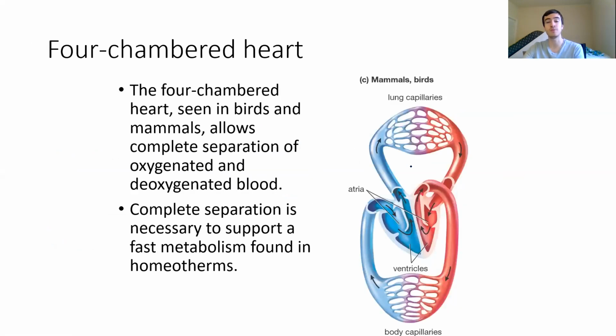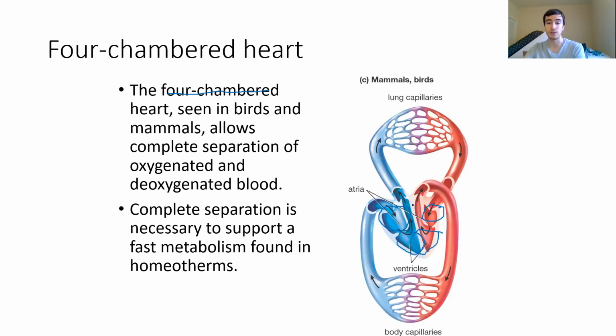In humans and other mammals specifically, and also in birds, we have a four-chambered heart. So we have two atria up at the top of our heart and two ventricles down at the bottom of our heart.